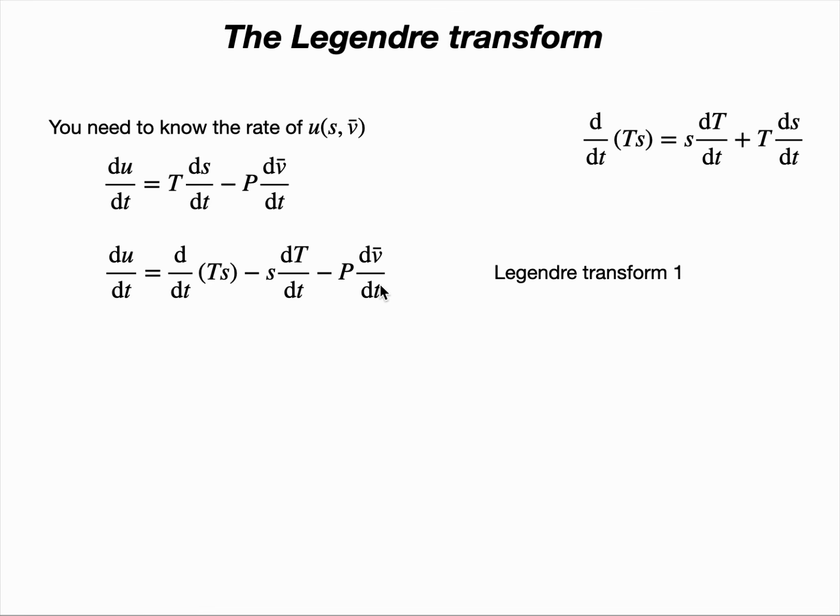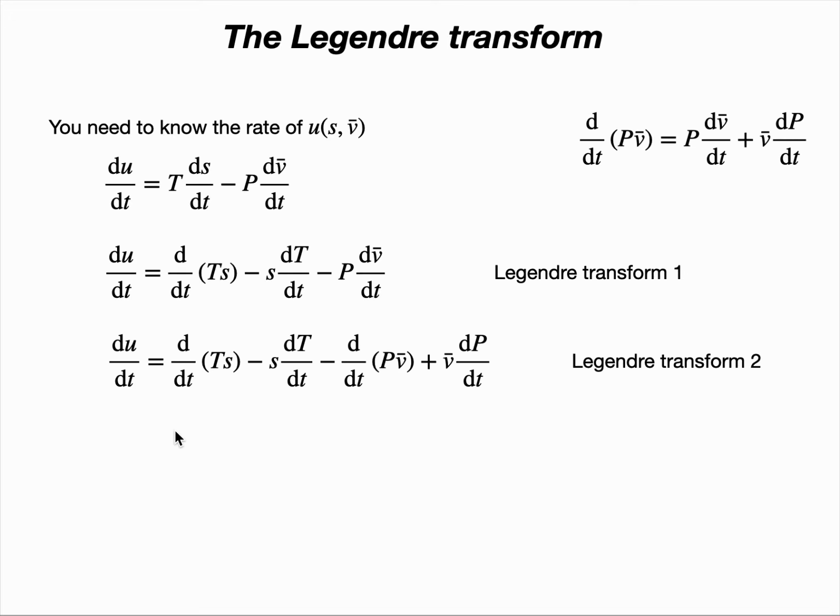By doing this is the first application of a Legendre transform. By doing this, we are introducing dT/dt. So we are one step already from having a function which is already a function of temperature. So now we need to do the same for the pressure. So here we have the volume rate and we want to introduce the pressure rate.